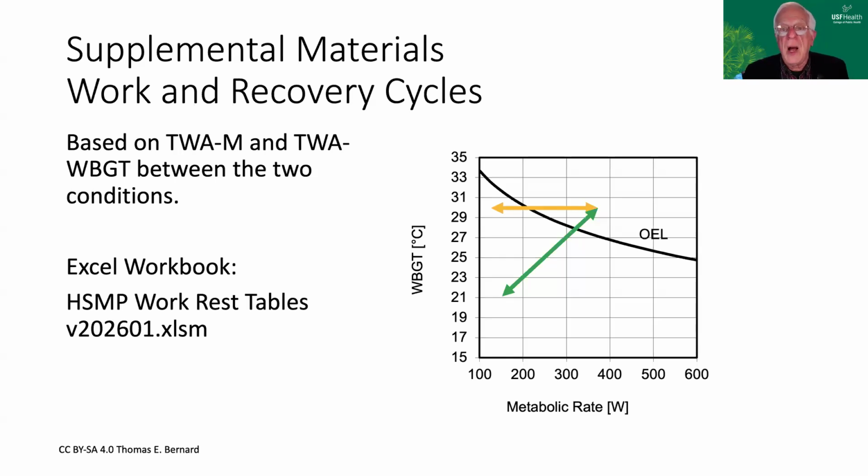So this is not a circumstance that's really going to benefit much from work rest prescription. On the other hand, if the bulk of that arrow is over on the left side, then work rest cycles can be pretty effective. And what this really illustrates is it's rest in an air-conditioned space as opposed to resting in the same location.